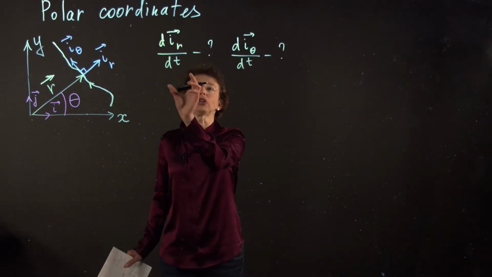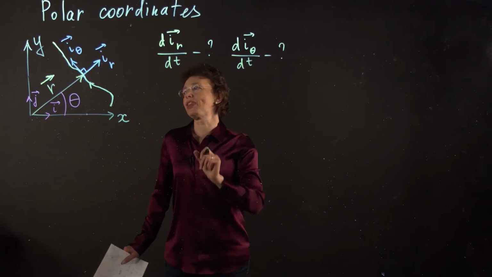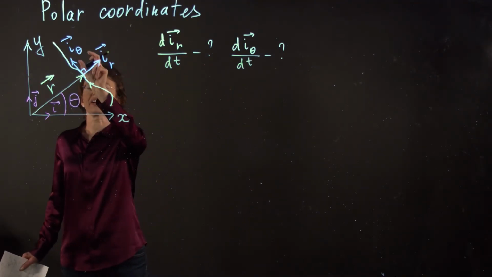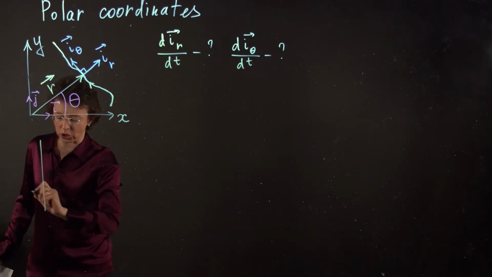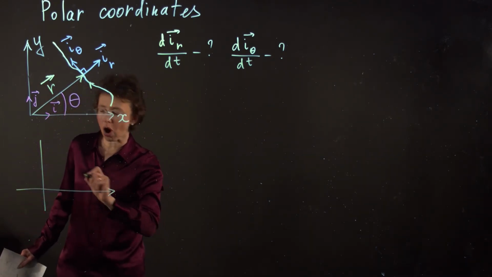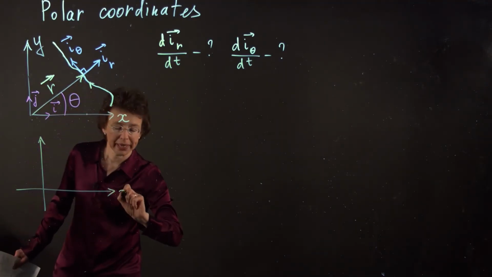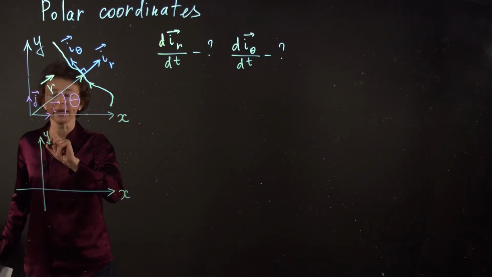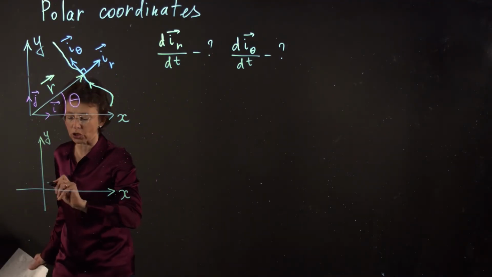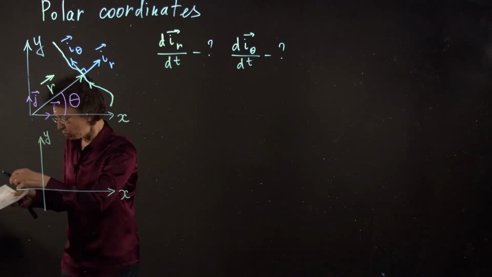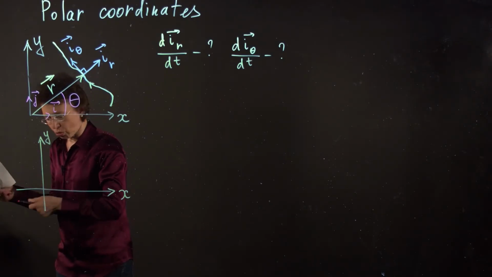In order to figure out what the derivatives of these unit vectors i_r and i_theta are, I will bring them to the origin. So I will redraw our coordinate system, x, y, and I will start my unit vectors from the origin. Let me do it in red to have more contrast.